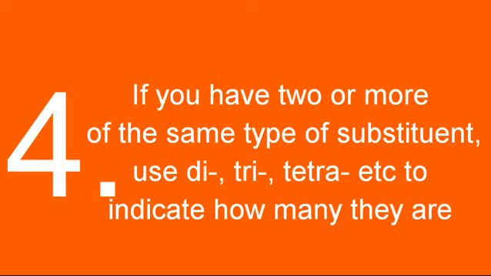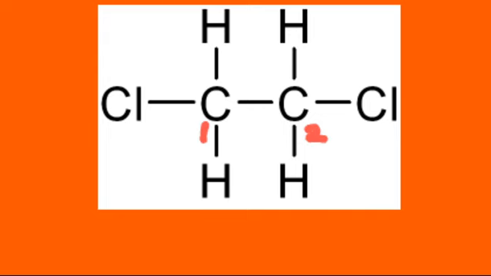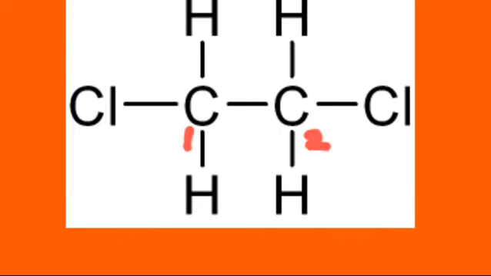Rule number 4, if you have more than one of the same type of substituent, you may use the prefixes di, tri, tetra, to indicate the number of substituents. If you have 2 substituents, you can use di. For example, this is 1,2-dichloroethane.